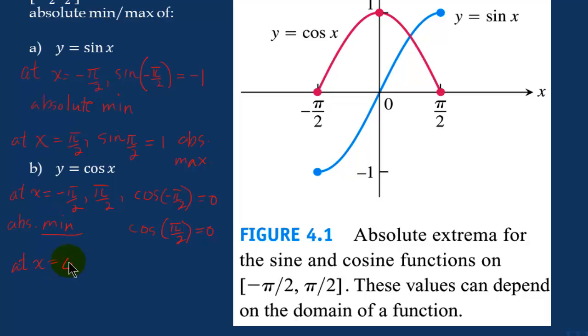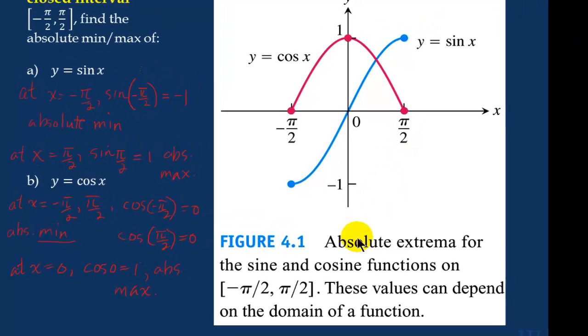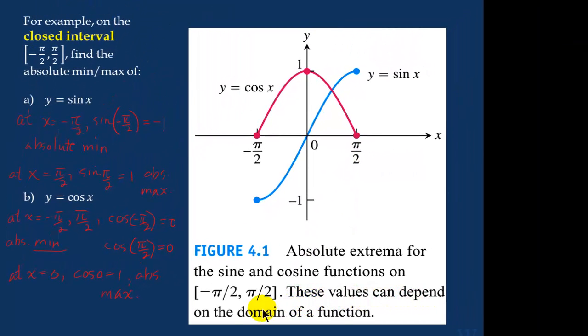So at x equal to 0, cosine of 0 is 1, so that becomes the absolute maximum of y equal to cosine of x on the interval from minus pi over 2 to pi over 2. And these values can depend on the domain that we've chosen for a given function. We will look into this later when we work on some more examples and exercises at the end of the section.